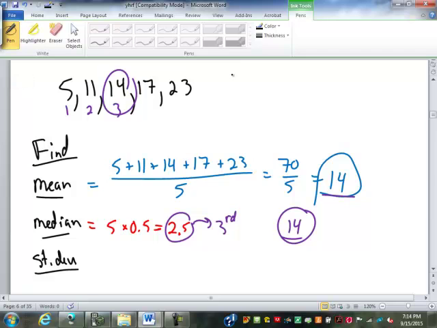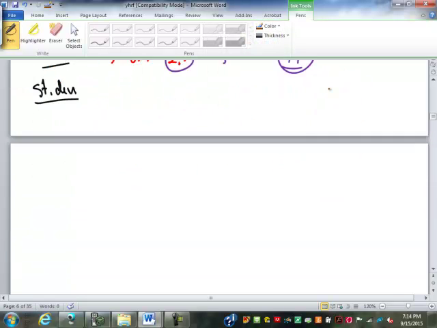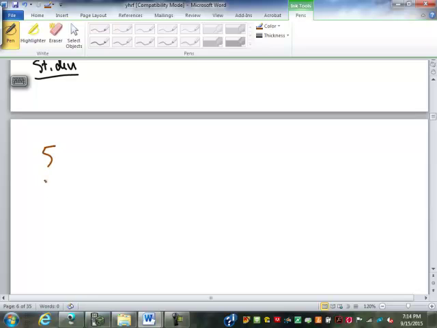Standard deviation. We've already found the mean for step 1. So step 2, we're going to subtract the mean from each. So we're going to subtract 14 from each of these.